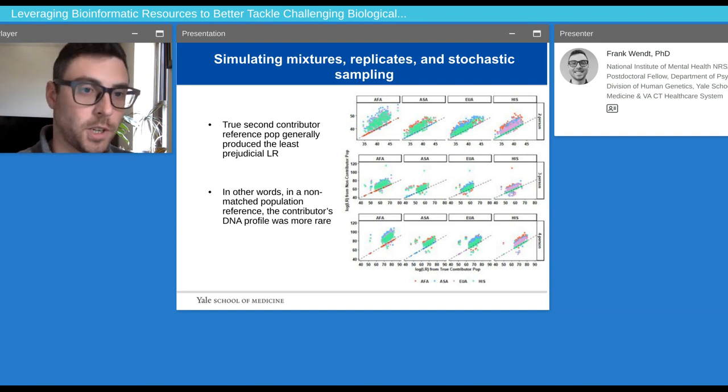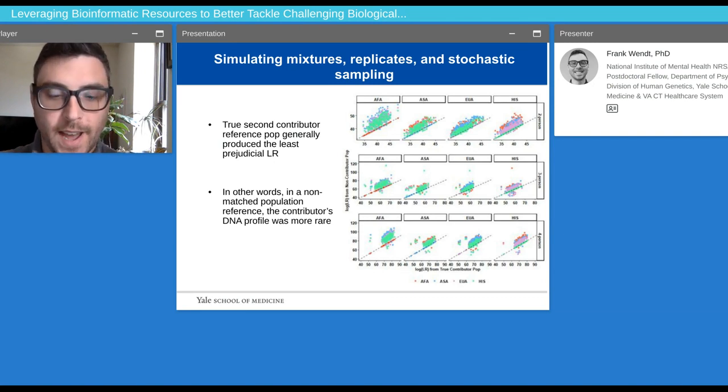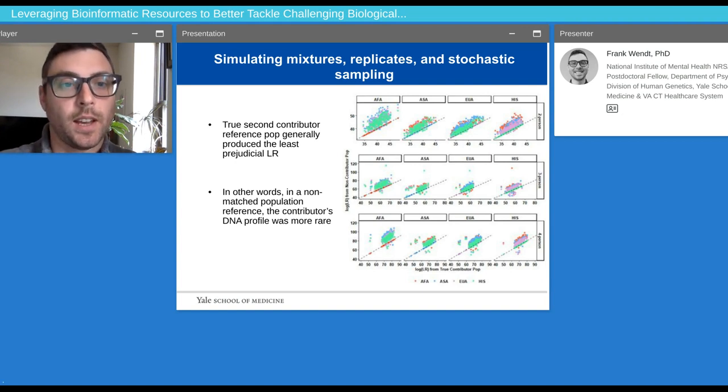And those likelihood ratios were derived using allele frequencies from all 4 populations. And what we're showing here is that in every instance, the true contributor population is the one producing the least prejudicial likelihood ratios. And this is a really good sign. This was more of a sanity check for us to make sure that the mixtures we created and the populations we generated are giving us estimates that we expect to see in the real world.